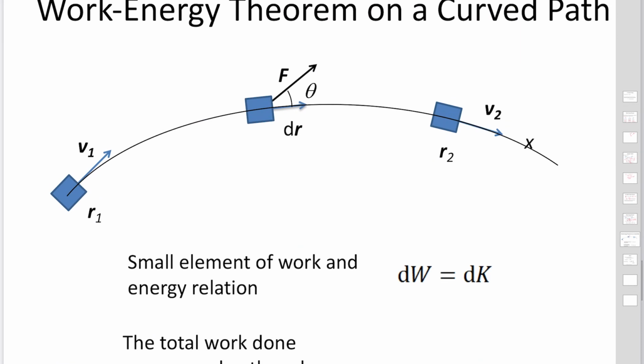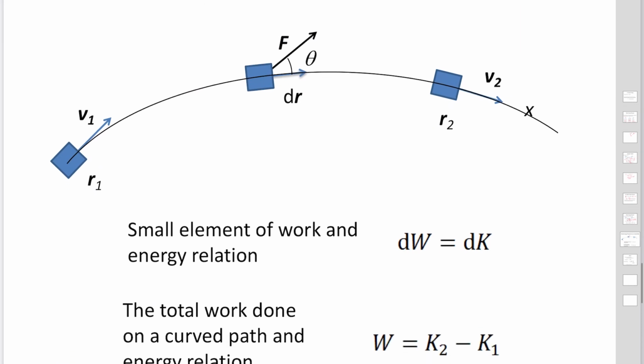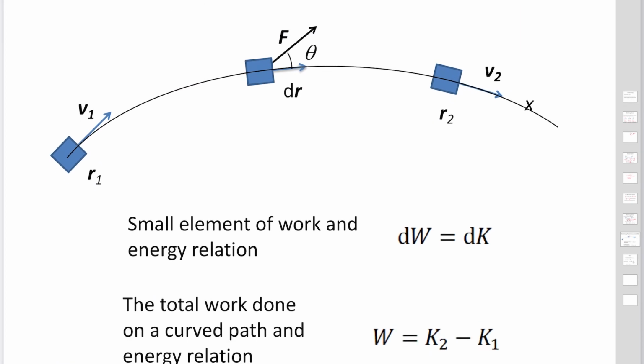Now the work-energy theorem on a curved path. Our object is moving on a curved path. Again, we take a small element dr on the curved path. The work dW is the scalar product F dot dr. On this small element, we consider the path to be straight, and this is exactly equal to dK.